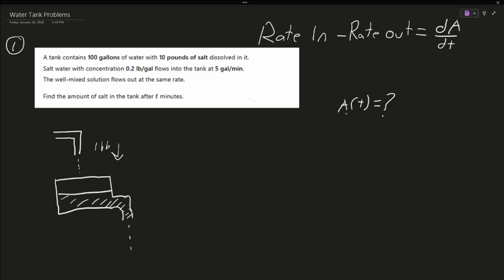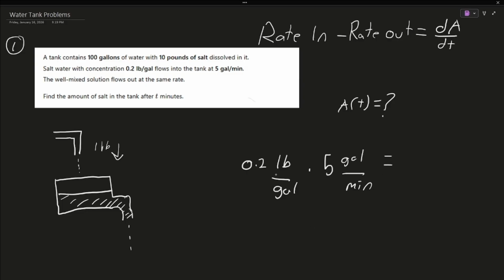The first step is to find the rate in. What is the rate in for this tank problem? We have 0.2 pounds per gallon flowing in at a rate of 5 gallons per minute.